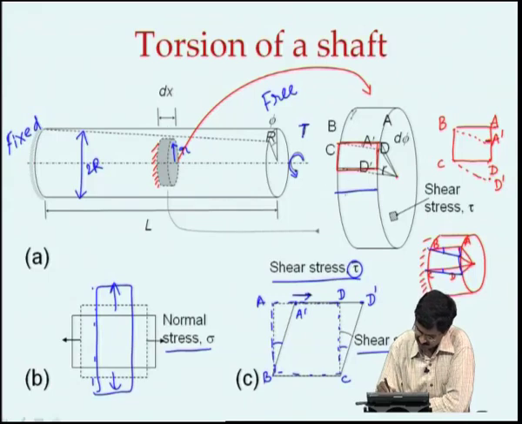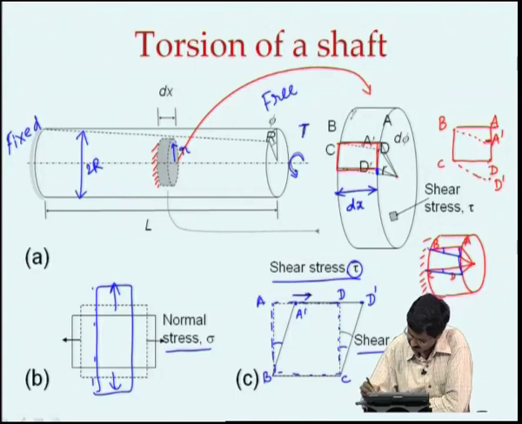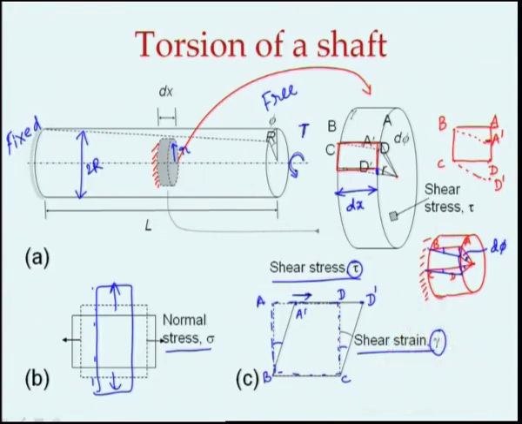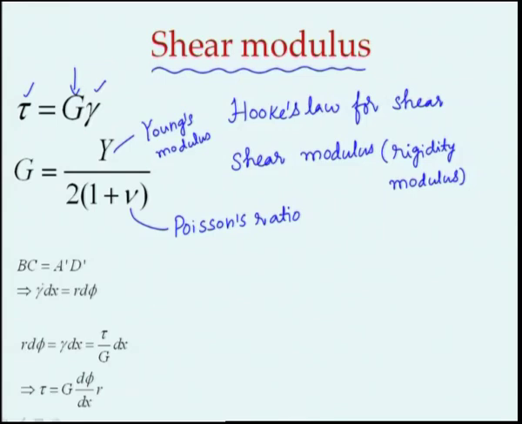If you notice, we have taken that to be dx. This is r, how much it has moved. This is this little distance, r times d phi, because what was here has turned by that angle. That small angle is d phi. R times d phi is equal to gamma, the shear strain, times dx. So, we have this here.